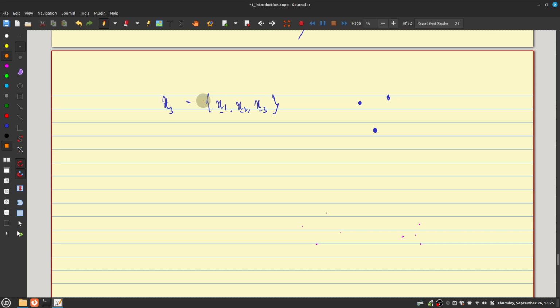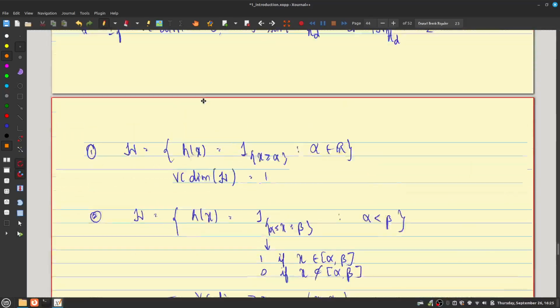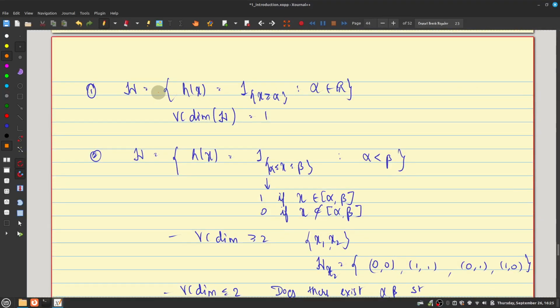That particular case, you put a VC dimension of one, the previous example. Since it's a real number, suppose x1 and x2 are the two samples I'm taking. Without loss of generality, let's assume that x1 is less than x2.